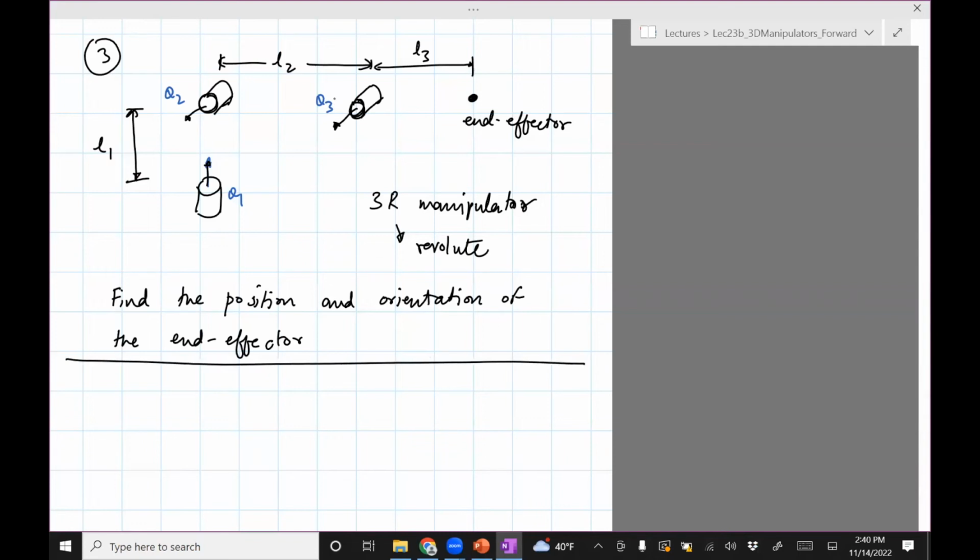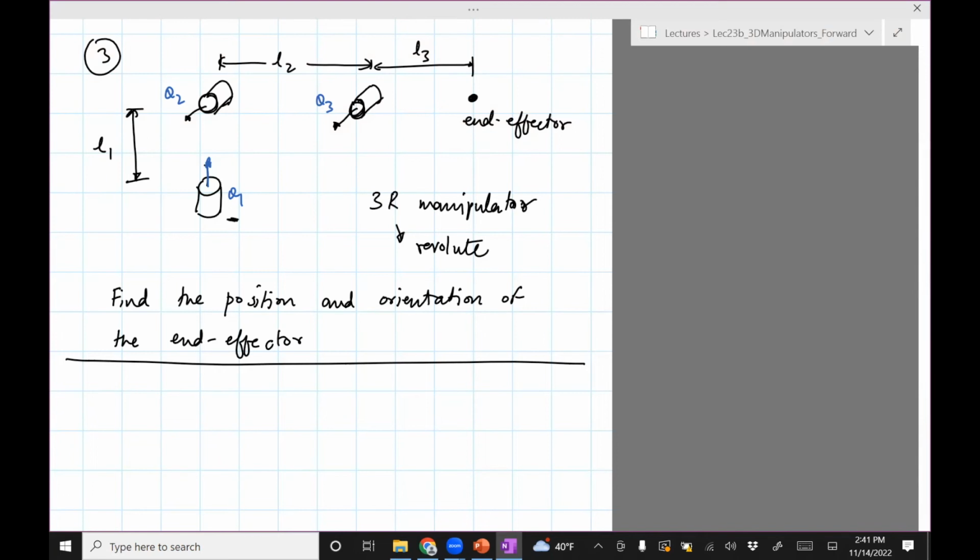Okay, so you might recognize that this part, if you ignore the first link, is something we've already done before. It's basically the planar manipulator we've talked about. The only thing we've done here is add this link with this joint, which means that now it's a 3-dimensional manipulator because this axis theta 1 is in a different plane compared to theta 2 and theta 3. So it's a little bit more complicated, but it's a very slight extension of what we've done so far.